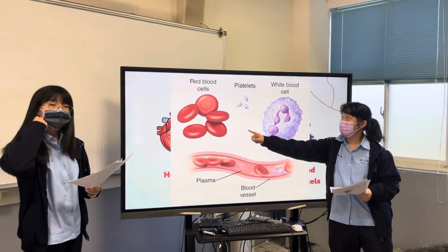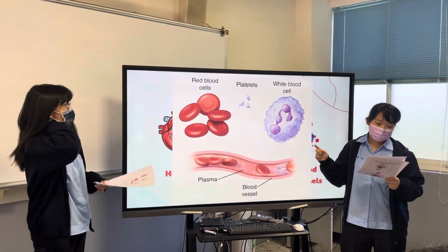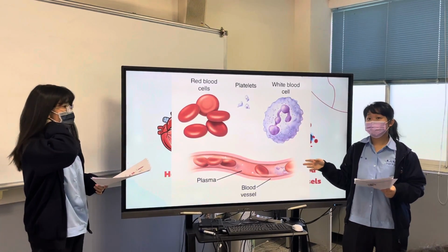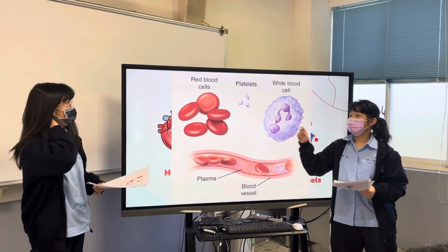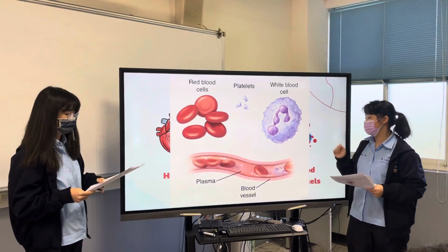This is the red blood cells, platelets, and the white blood cells. Red blood cells bring oxygen and nutrients, and platelets are the smallest cells in our blood, and the white blood cell is the biggest.